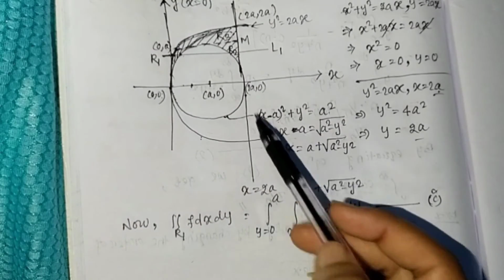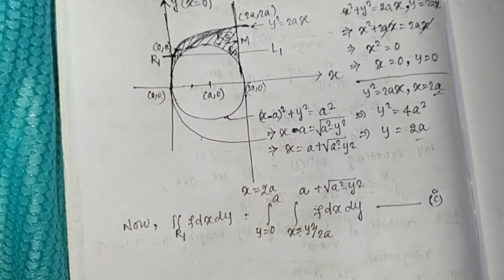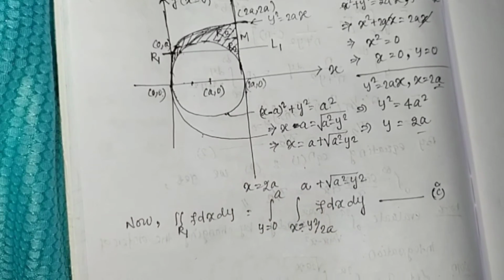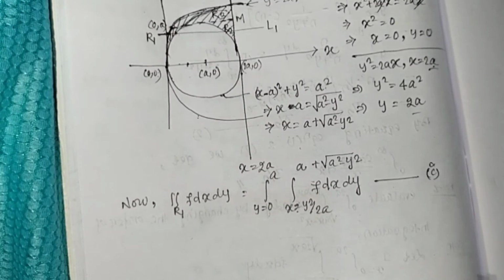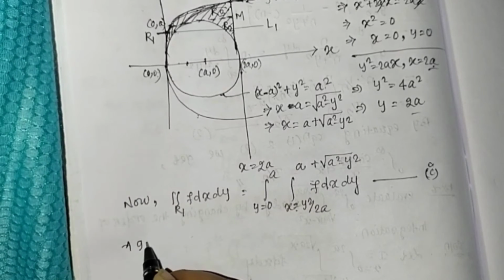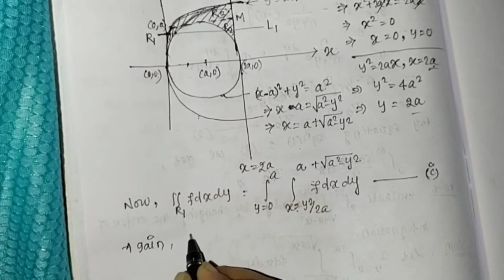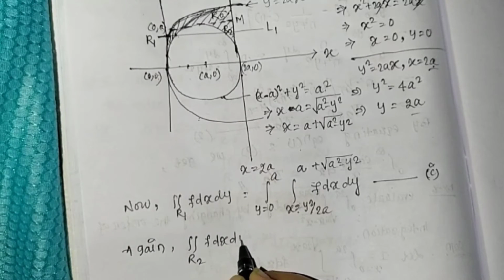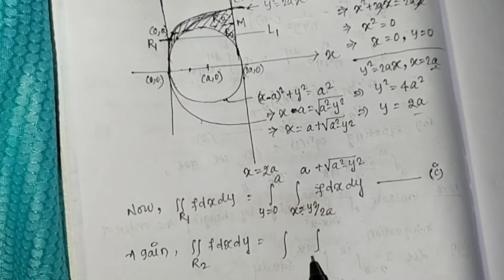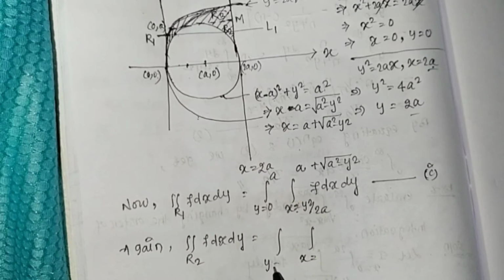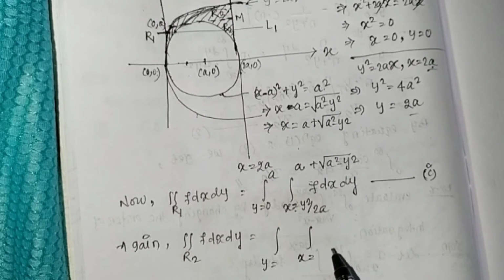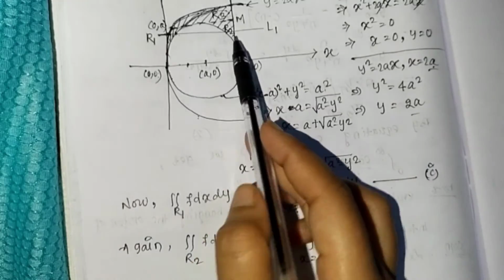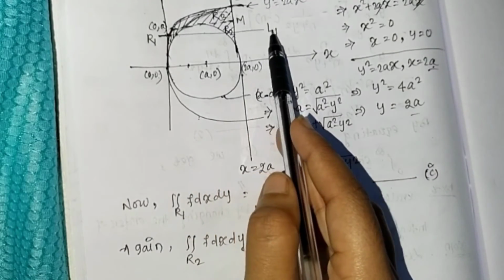Next we find the R2 region. Again, double integration over R2 of f dx dy. First we find the x limit, then the y limit. To find the x limit, we draw a line parallel to the x axis.